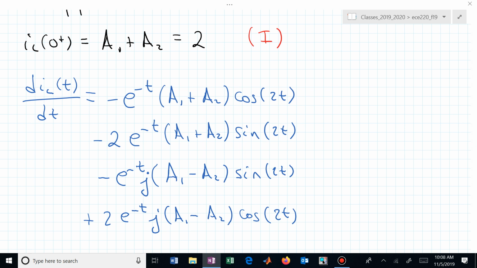Those are all my pieces parts from differentiating I sub L with respect to time.